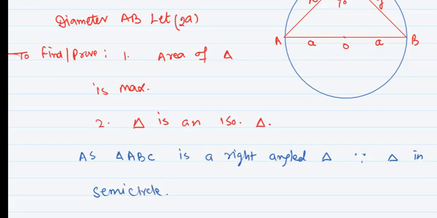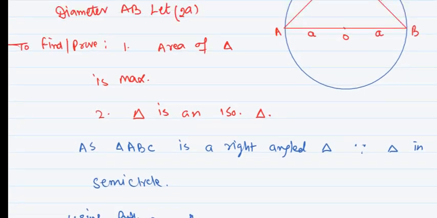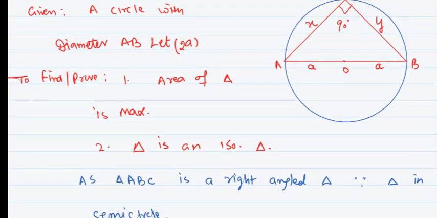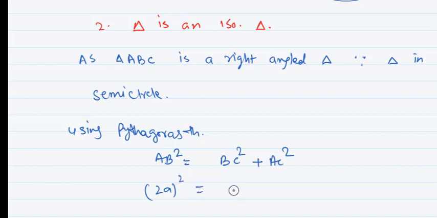Okay, so using Pythagoras theorem, we have AB square is equal to AC square plus BC square, which is clearly 2A whole square is equal to X square plus Y square.